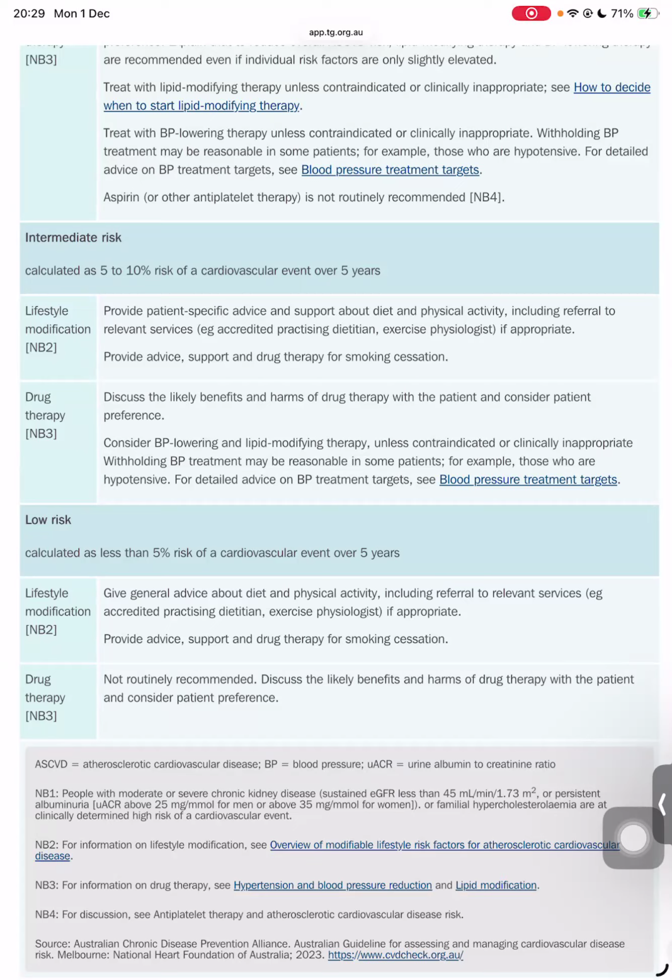The yellow part requires both blood pressure lowering and statin therapy regardless of blood pressure or cholesterol level. Remember this point. I'll show the question as well. Regardless of blood pressure and cholesterol level, we have to give both blood pressure lowering and statin therapy. Remember that.